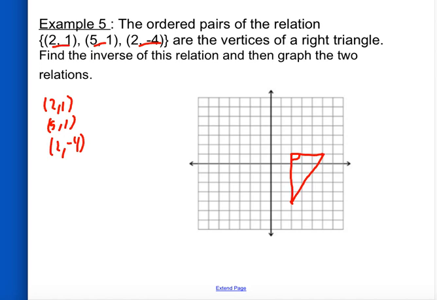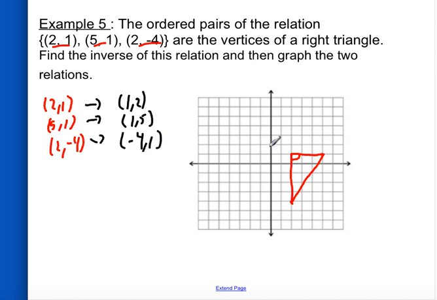Let's find the inverse of those. That means I can swap them. I can say (1, 2) and (1, 5). And our last one, swapping the x and the y, I get (-4, 2).